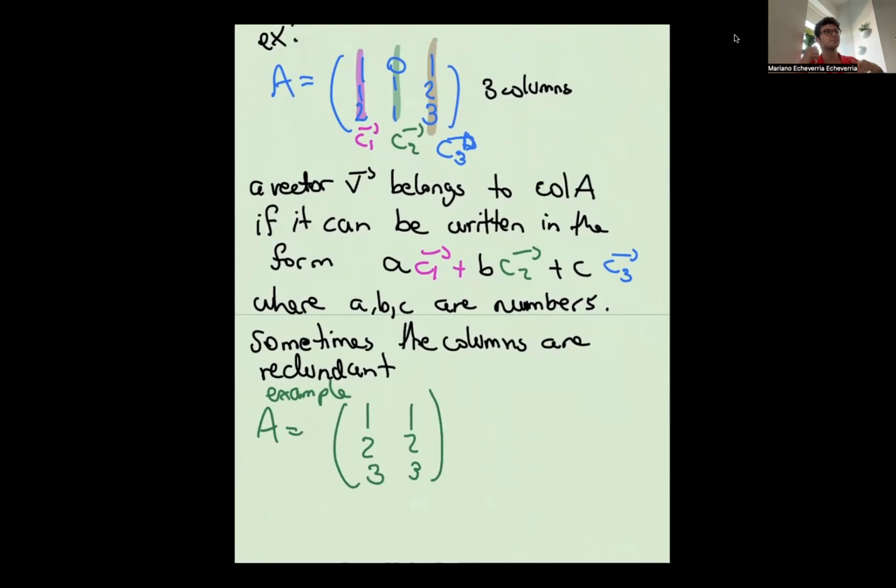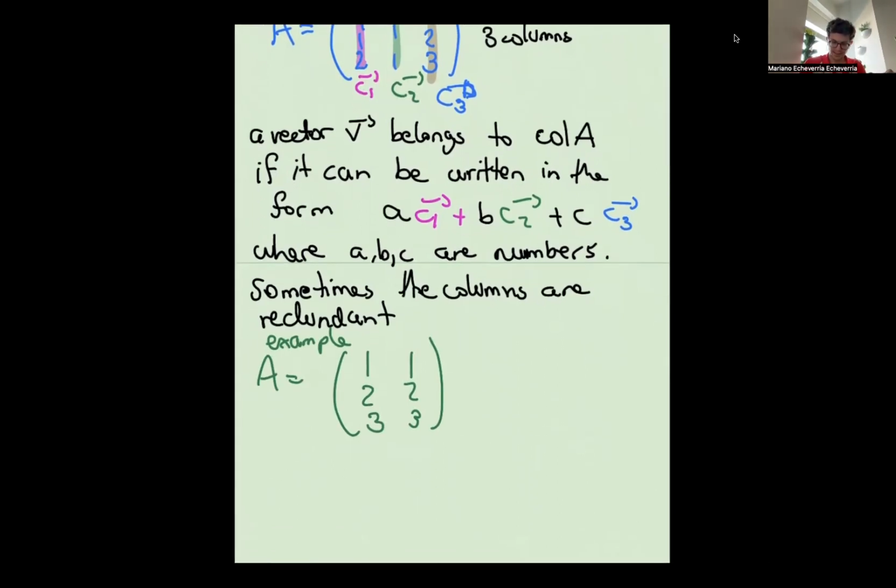So in this case, there's a repeated column. If you're interested in finding a basis for the column space, what that means is that not every single column may be needed.